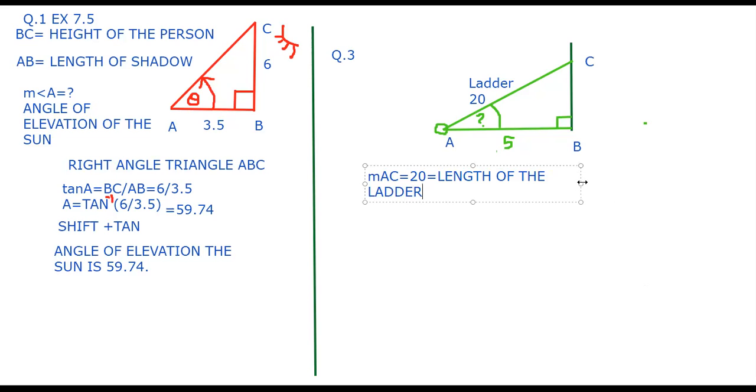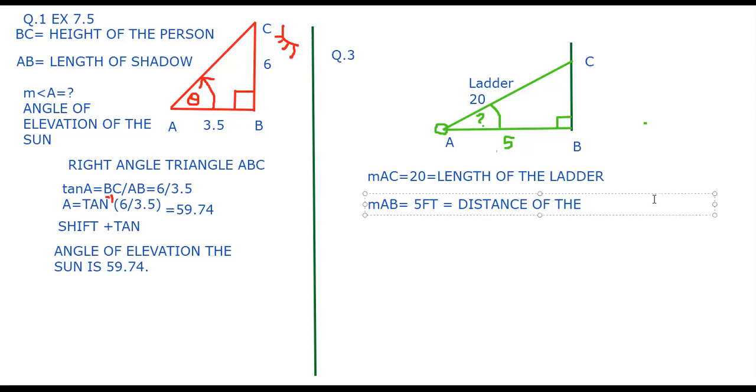And then in the next step you will write another distance which is written in the question, that is MAB, and this is equals to 5 feet, which is the distance of the ladder foot from the wall.